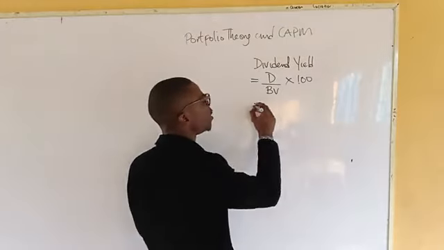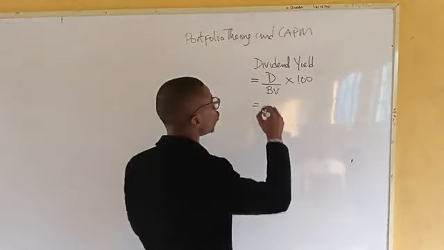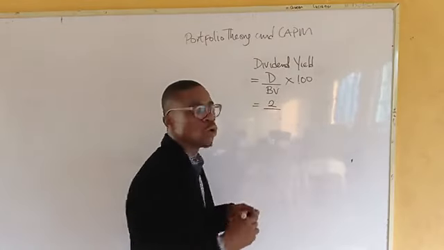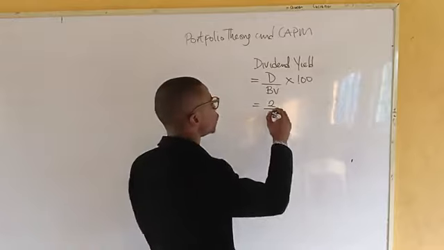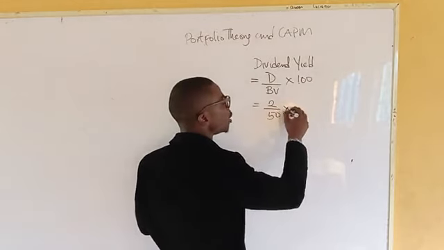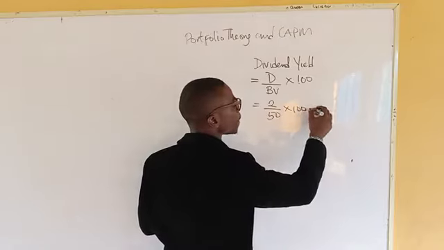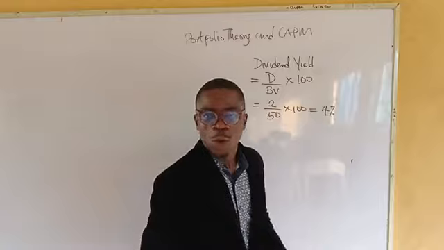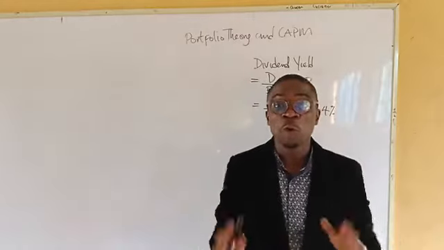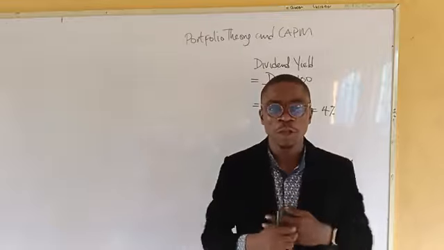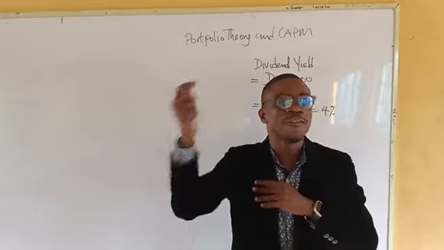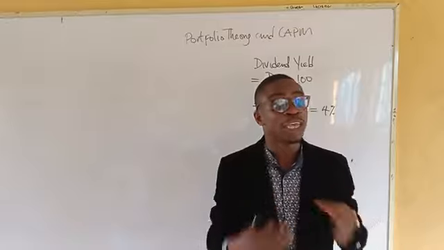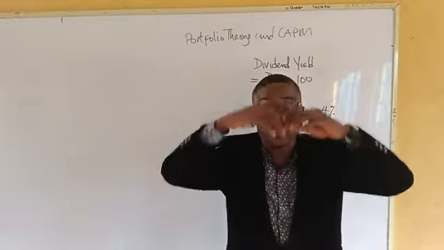What is the dividend that you receive during the period? 2 naira. What is the value of the investment at the beginning? 50, times 100. What do we have? 4%. Now, I can give you a question where they will not give you the value of the investment at the beginning or at the end or the dividends received.